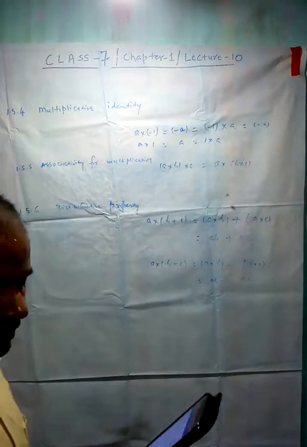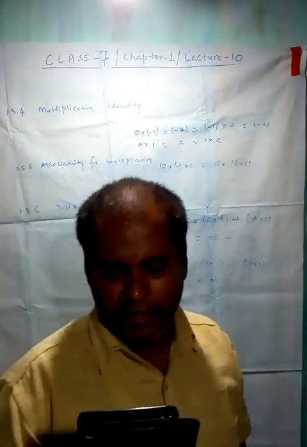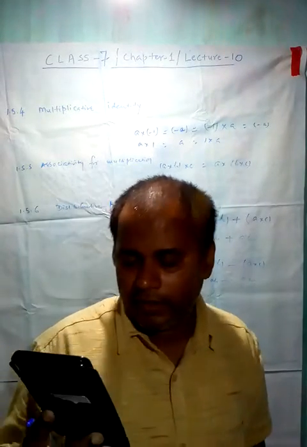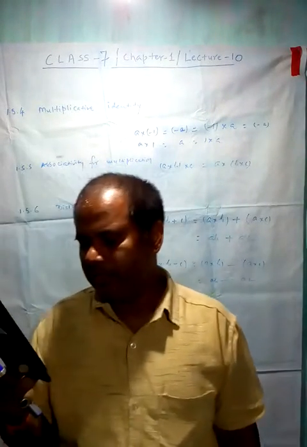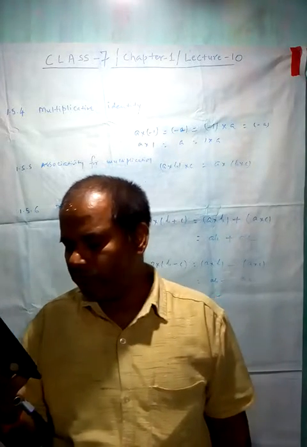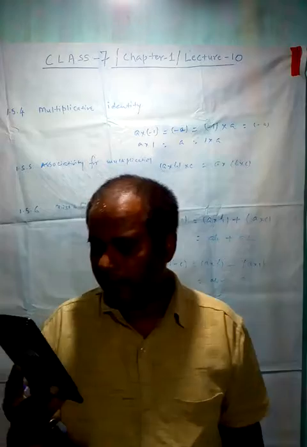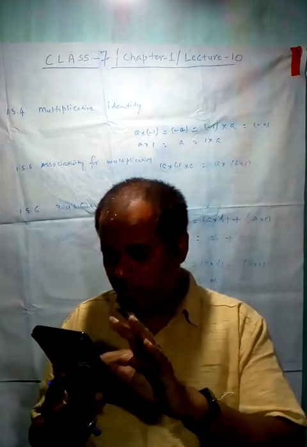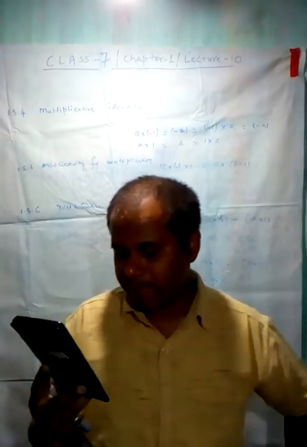1.5.5, associativity of multiplication. Consider minus 3, minus 2 and 5. Look at the first: minus 3 into minus 2, grouped, into 5, and minus 3 into the bracket minus 2 into 5.